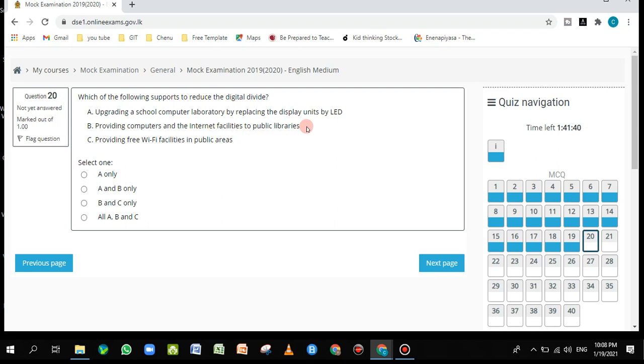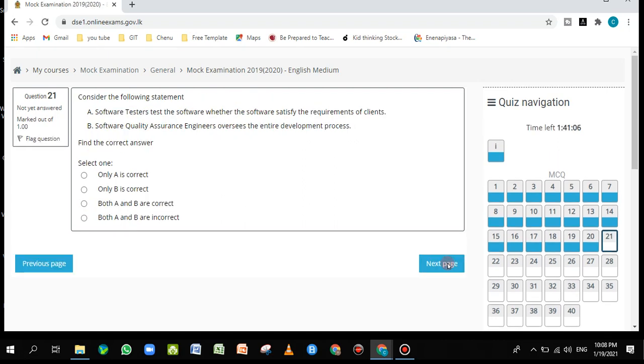In public libraries, if there are computers and internet facility, then the users will use it. Because of that, the digital divide will reduce. Then providing free Wi-Fi facilities in public areas, that will also reduce the digital divide. Now here you can see not the first and third, actually the second and third one. B and C only is the correct answer.